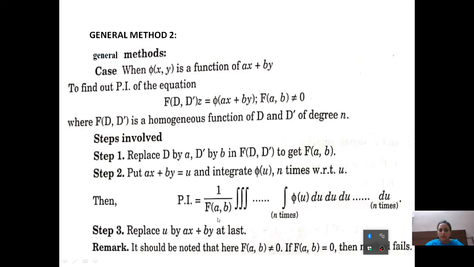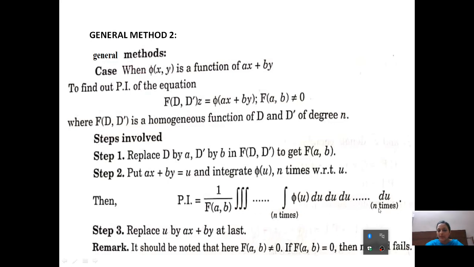Then we have to place a in place of d and b in place of d dash. After that we have to place integrations, and we have to replace this linear part with u for some time just to solve our equation.